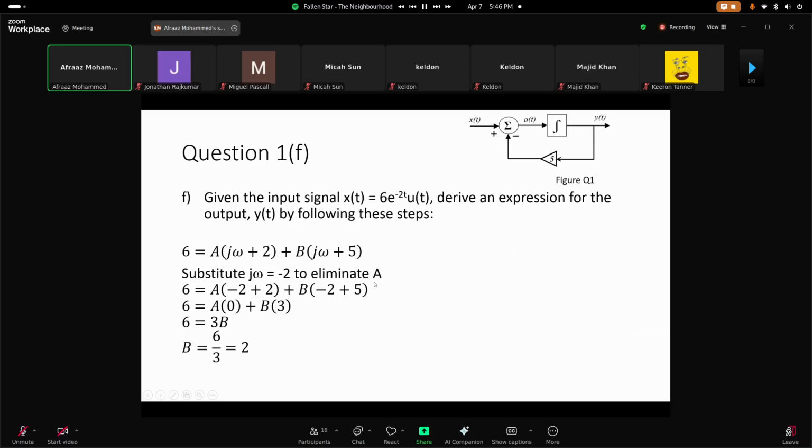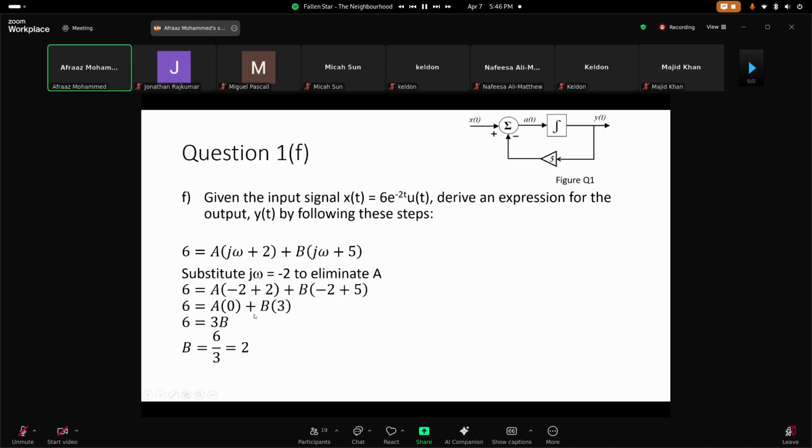Next, we're going to eliminate one of the terms in order to find the other one. First, let us eliminate A by substituting j omega equals minus 2. That gives you 6 equals A times (minus 2 plus 2) plus B times (minus 2 plus 5).